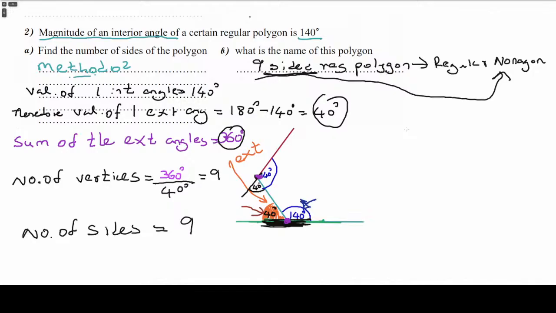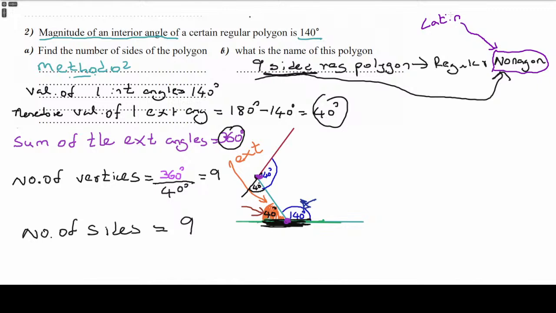If you're wondering how the word nonagon came, it just comes from Latin. This is not an original English word. This is a word borrowed from a language called Latin. Latin is an old language which was spoken a very long time ago.